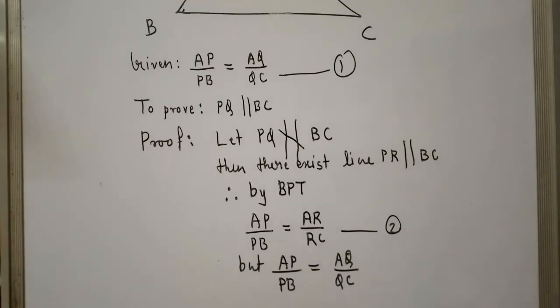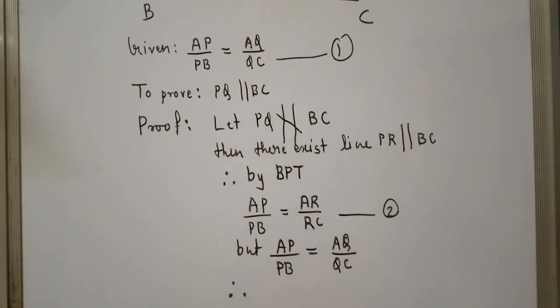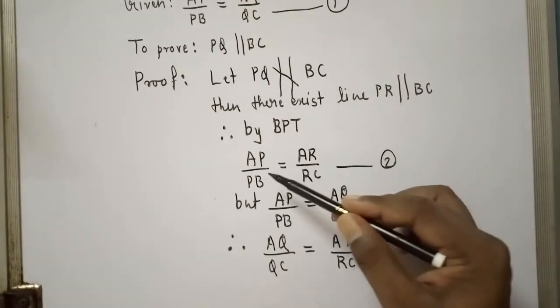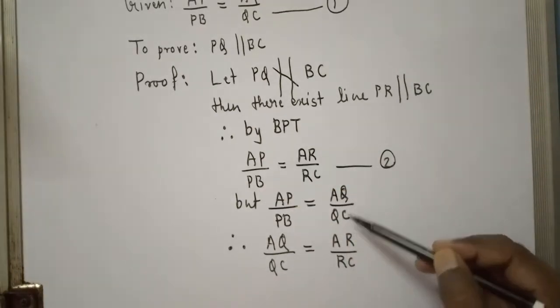This is given to us. So from 1 and 2, AP by PB is common, so we are getting AQ by QC equals AR by RC. I hope this is clear to you all.